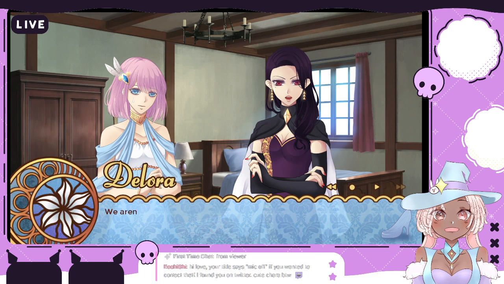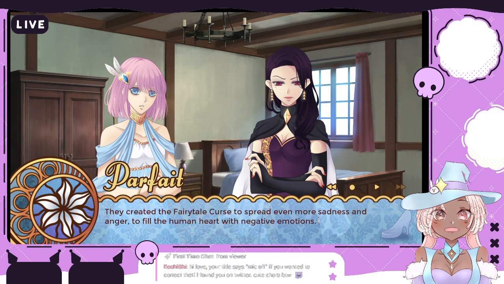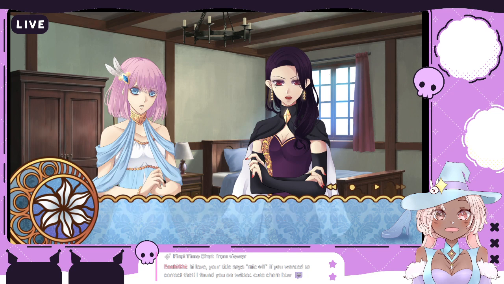Didn't the witches fight back? We aren't allowed to use our powers to cause harm. But that all changed when the Tenebrae Bearer decided revenge was more important than our promise. The witches took over the kingdom. They created the fairy tale curse to spread even more sadness and anger, to fill the human heart with negative emotions.